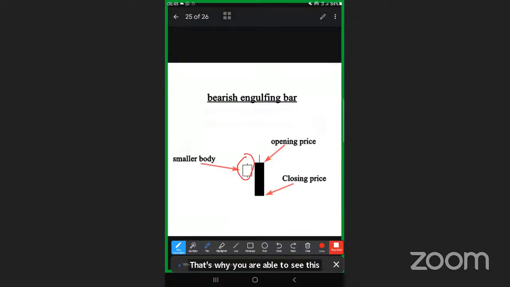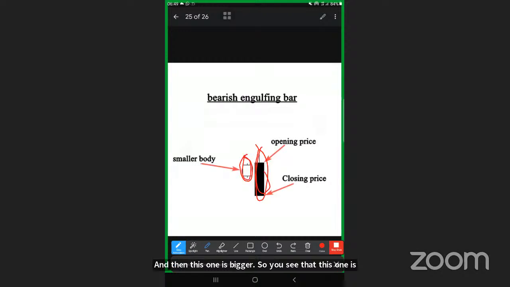All right, but though they are still in the market, they cannot push the price further. Their energy is exhausting. That's why you see the presence of a smaller body of a candle, and then this one is bigger, so this one is engulfing this one.